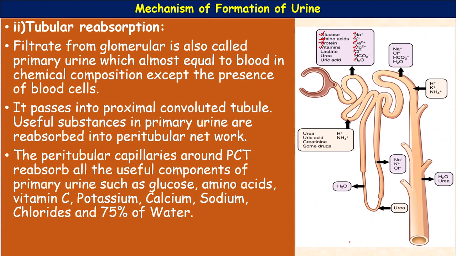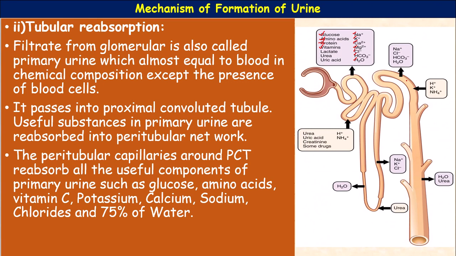There is no reabsorption of water, as its walls are thick and impermeable to water. So the filtrate now becomes hypotonic as compared to the plasma when it flows through this part of the nephron.